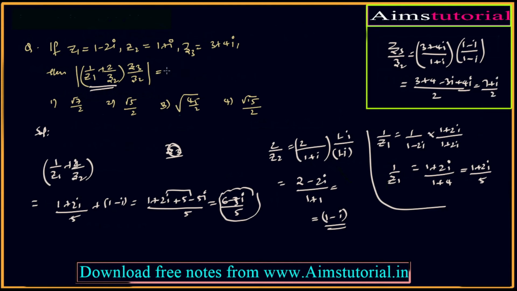Now the value: first bracket is (6 minus 3i) by 5, and the second bracket is (7 plus i) by 2.